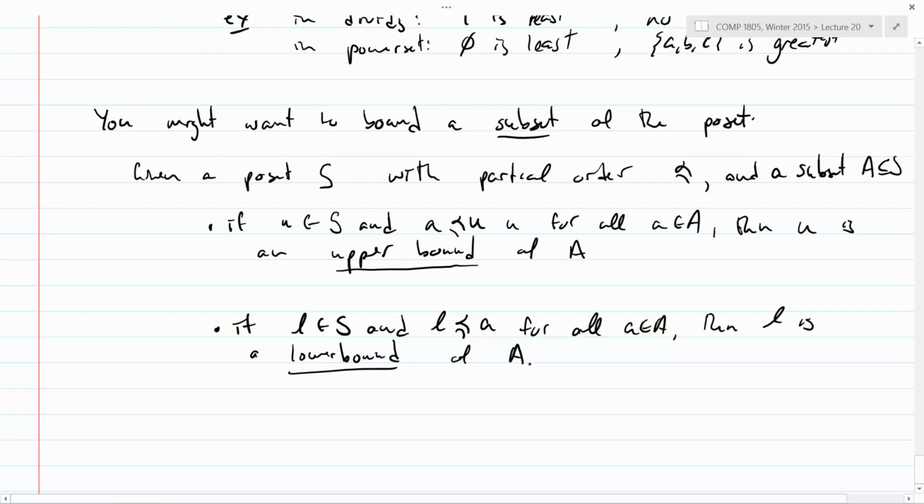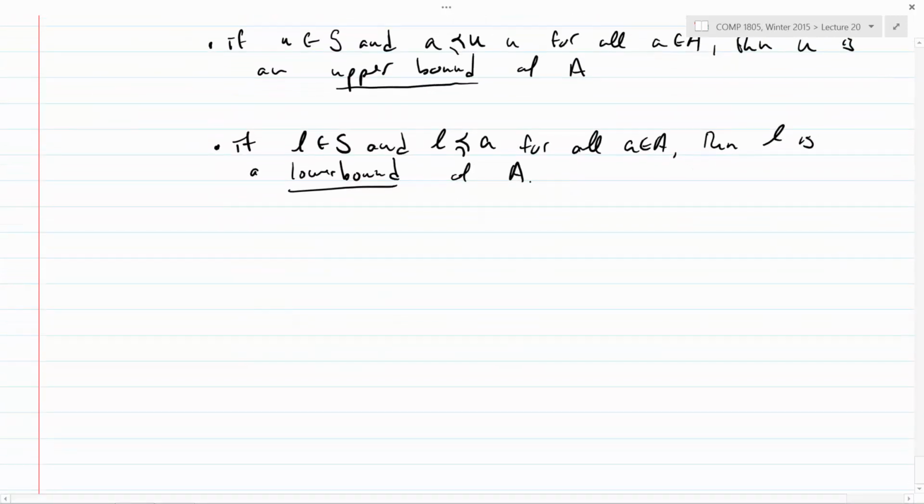If you have some subset of your poset and there's something that's less than or equal to everything in it, then that's a lower bound. Is that definition clear? Sorry, I changed the notation a bit. If this doesn't make sense, I'll do an example and then hopefully it'll be clear.